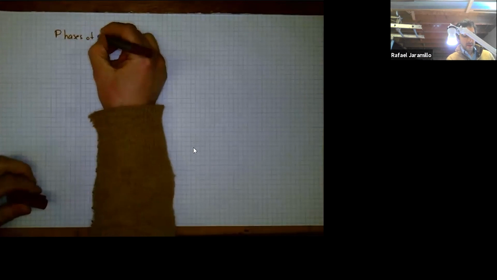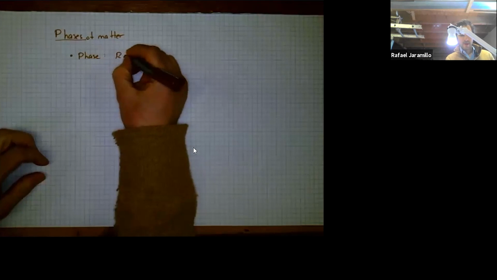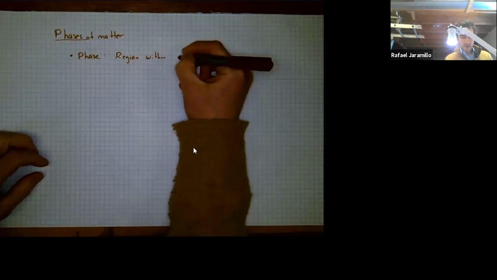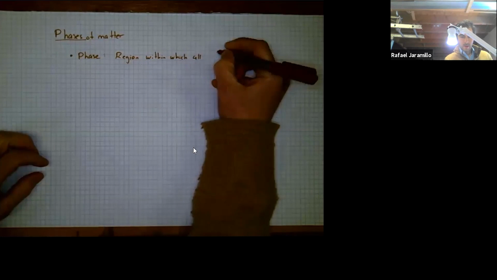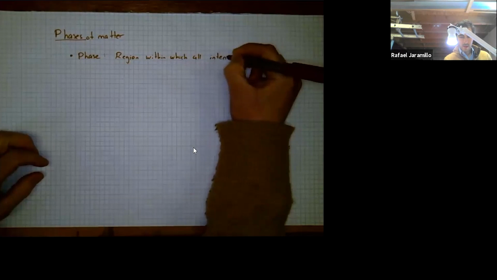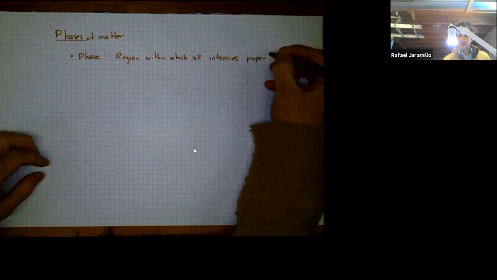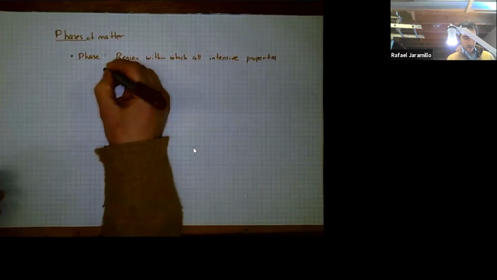All right, we're going to end today with the definition of a phase of matter. So I'm going to define a phase the following way. A phase is a region within which all intensive properties are uniform.